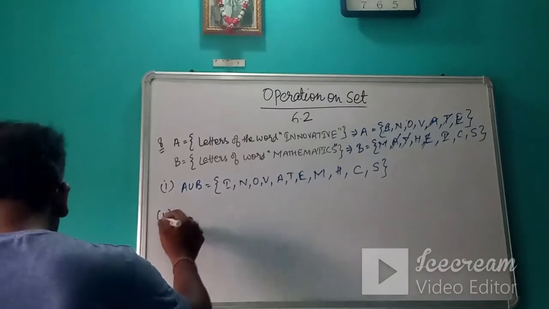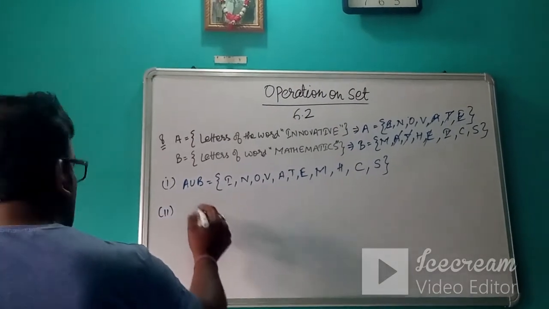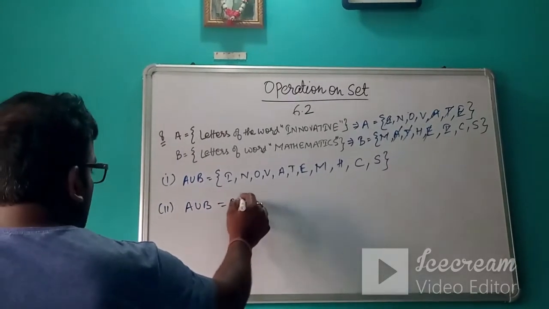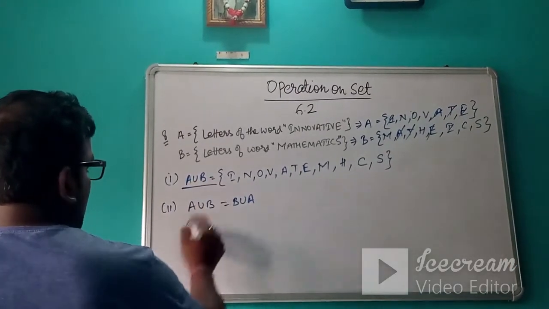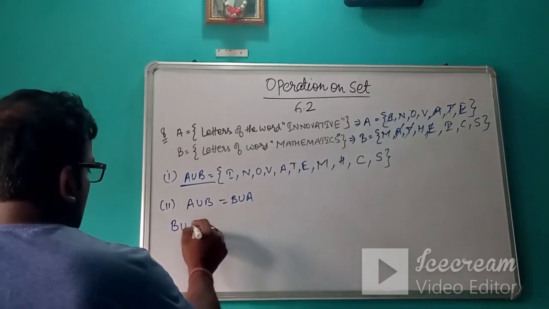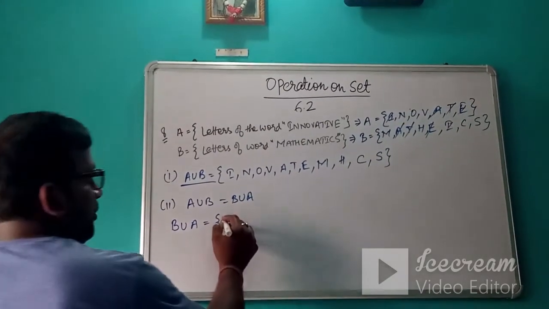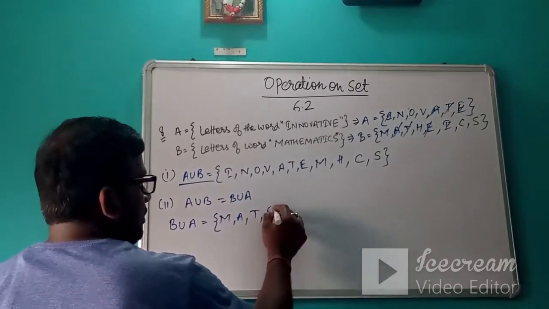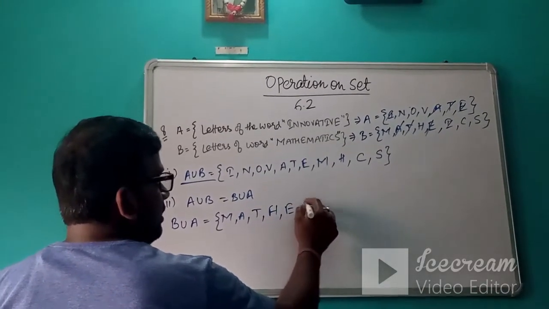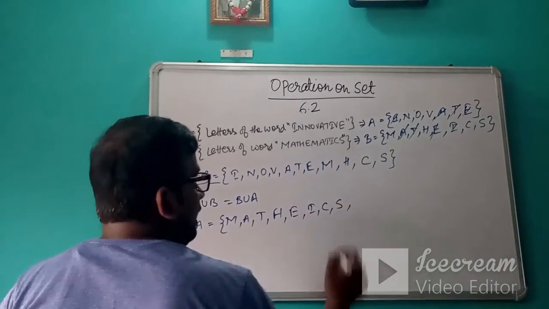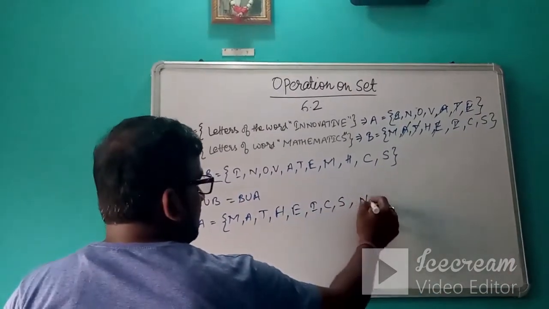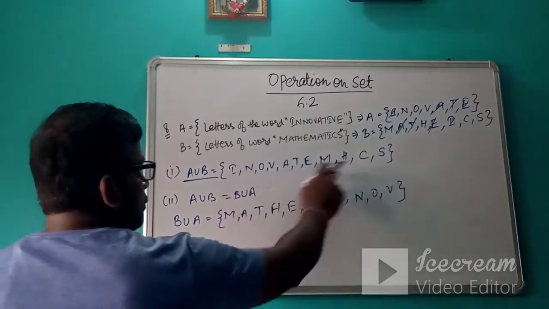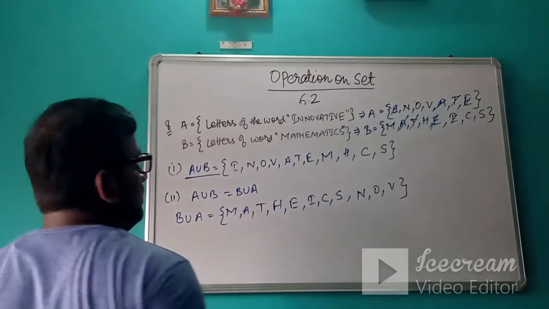Then the second part is we have to show that A union B is equal to B union A. So this is my A union B. Now I will calculate B union A. B union A means, again, first we will write all the elements of B. Then we will not write the repetitive elements, N, O, V. So you can easily see that both the sets contain the same elements.